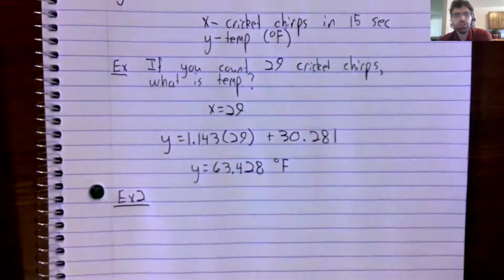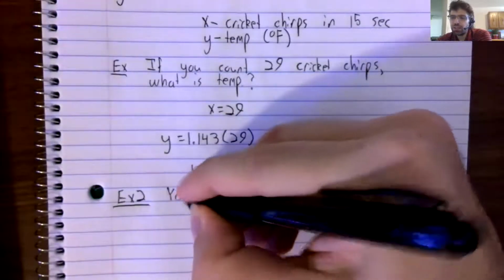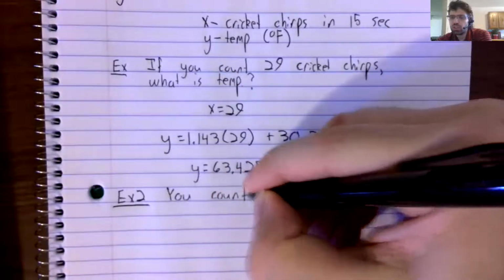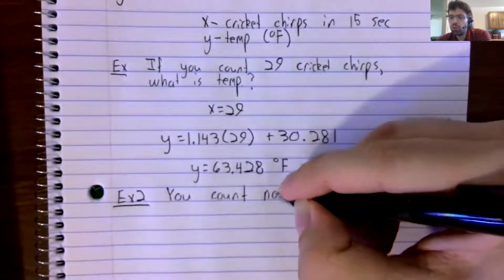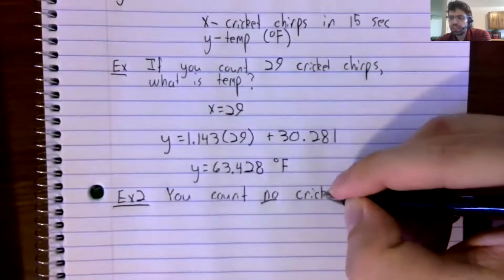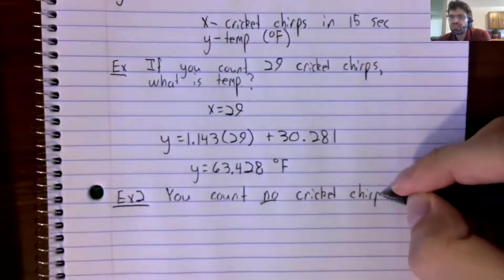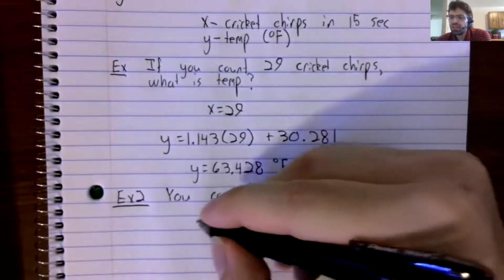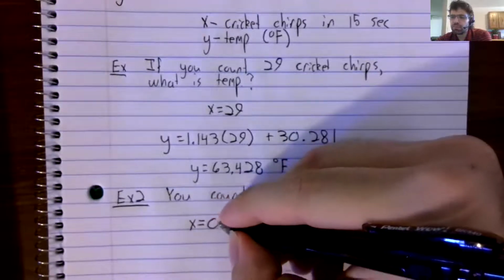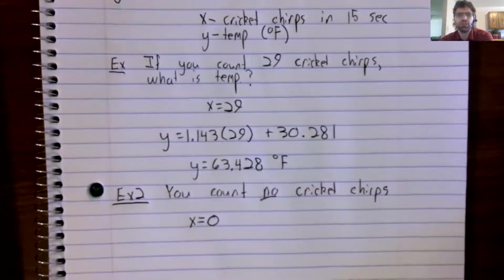Example 2. Let's say you count no cricket chirps. That is to say, X equals 0.